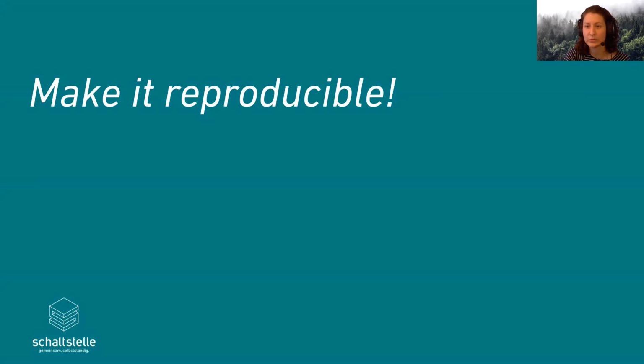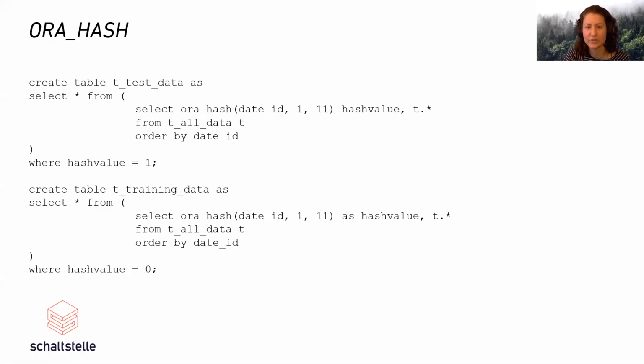And how is this possible in SQL? Let's have a look at some code. One way is doing this with ORA_HASH. ORA_HASH generates a hash value for a certain expression. This function is useful for generating random samples of data that are reproducible, like when we need a random 10% of the data, or a random 50%, or just splitting it in two sets.